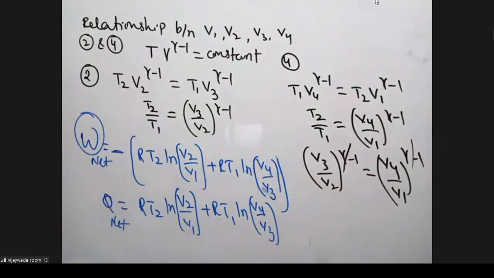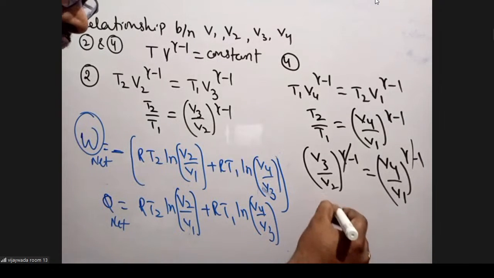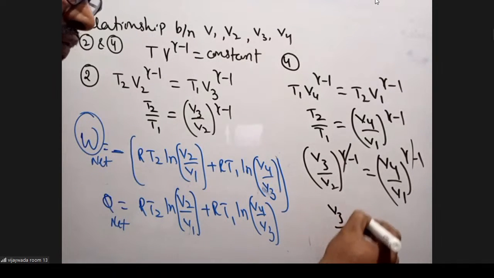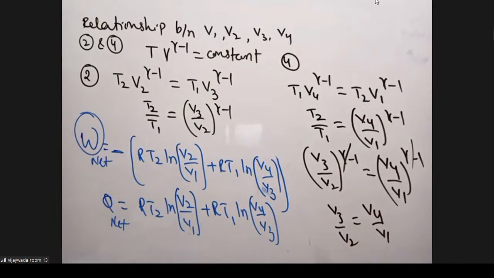Gamma minus 1, gamma minus 1 cancel. So finally, V3 by V2 equal to V4 by V1. And from this, V1 by V2 equal to V4 by V3.